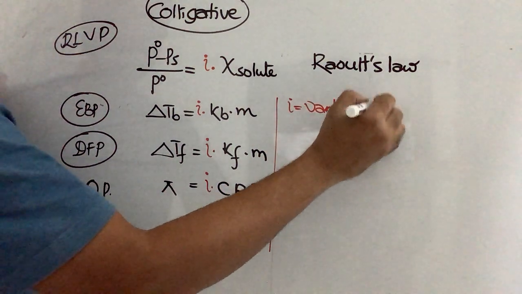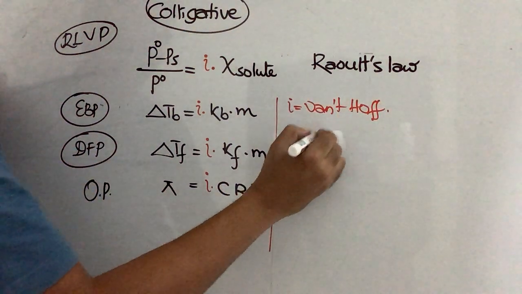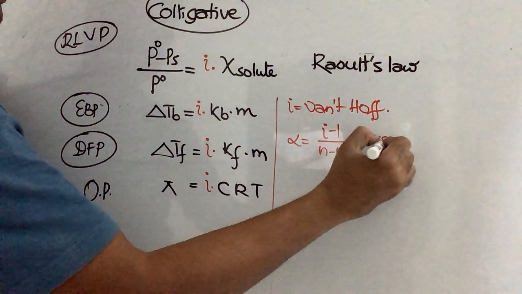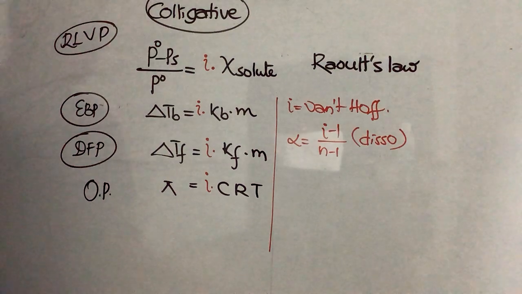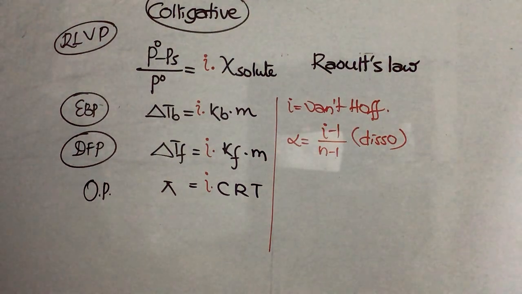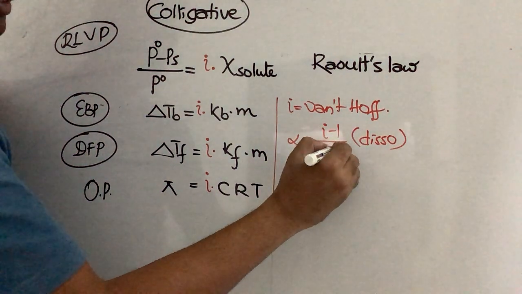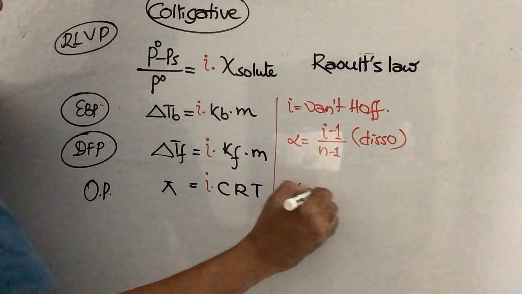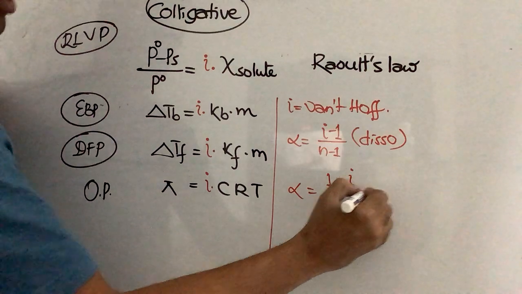How to find the i value? For that purpose we have two formulas. For dissociation cases, alpha is equal to (i - 1)/(n - 1), where alpha is the degree of dissociation. And in association cases, alpha is equal to (1 - i)/(1 - 1/n).